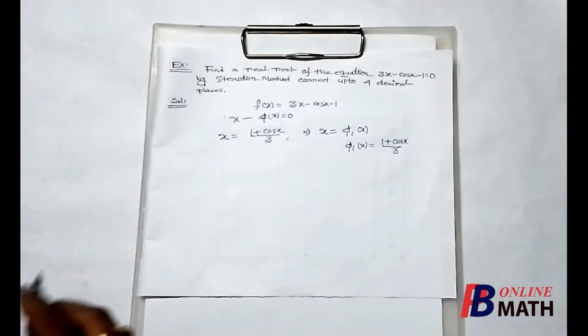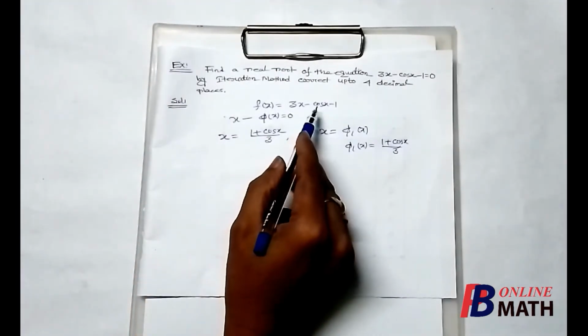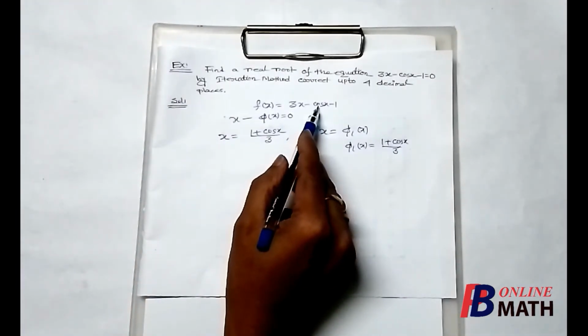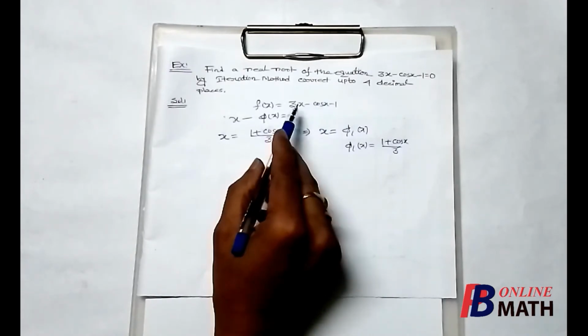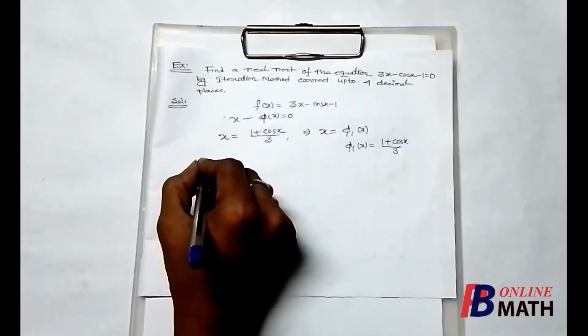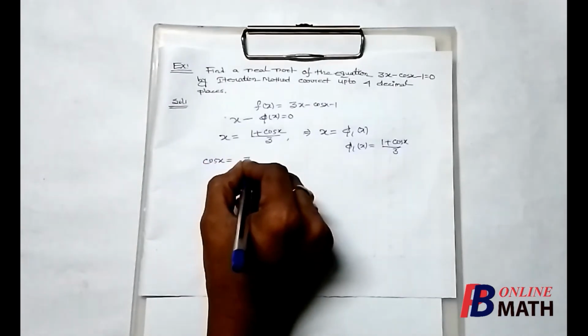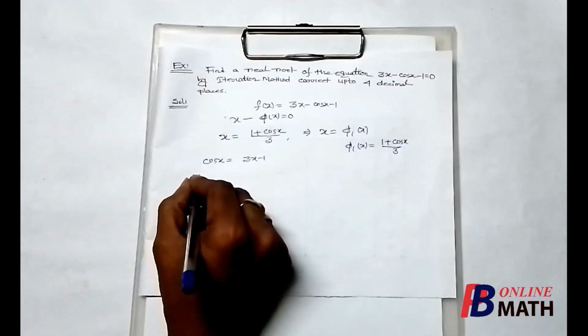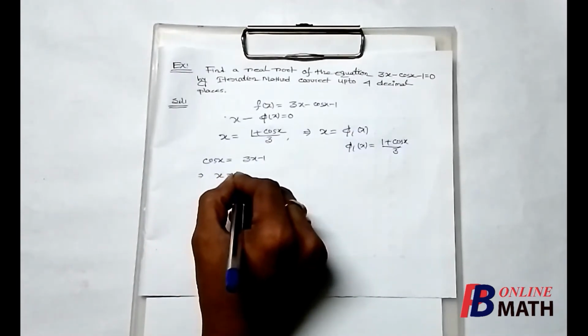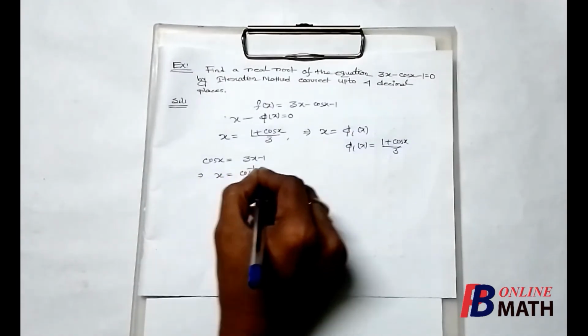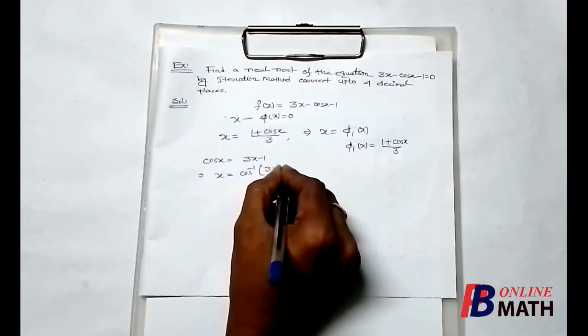Now the second one is if we keep cosine x on the left hand side and we take all the functions on the right hand side, then cosine x becomes 3x minus 1, such that x becomes cosine inverse of (3x minus 1).